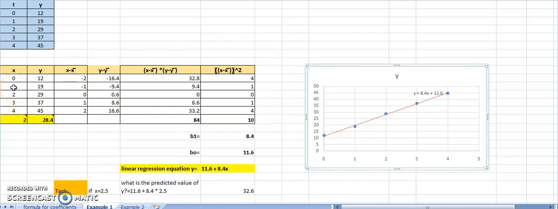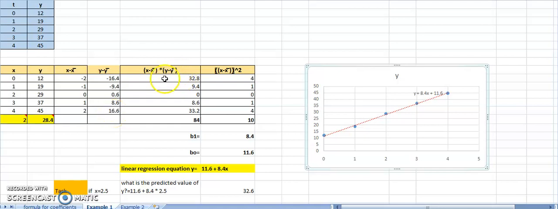Similarly, the second sample value 1 minus 2 gives me minus 1, and so on and so forth till all samples are done. Okay, similarly I calculate the second term, that is every sample value of y minus the mean of y, that is 12 minus 28.4, 19 minus 28.4, 29 minus 28.4, and so on.